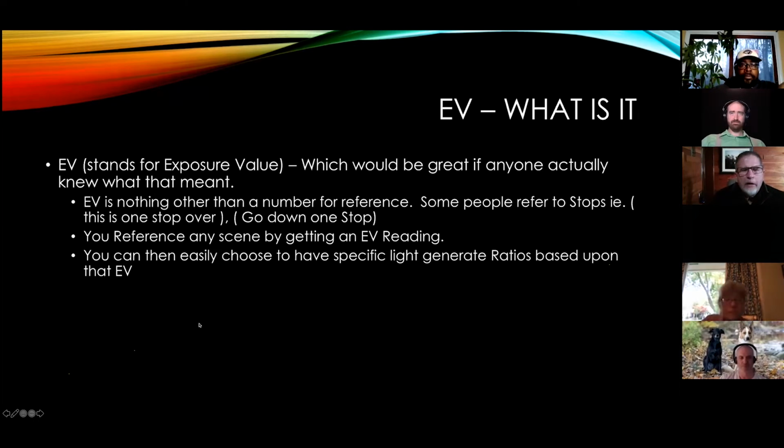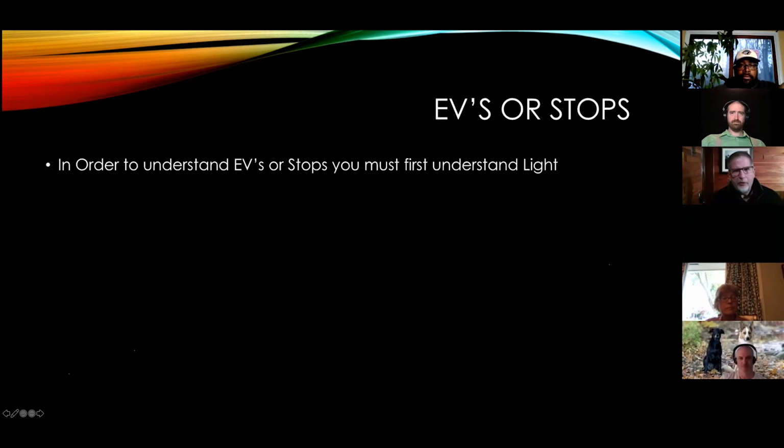And the reason that we want to know stops of light is that our camera has a limited capacity for gathering stops of light. We need to know how to measure how many stops of light we have, and we need to know what our ratios are between those stops of light, if that makes sense. And we'll talk about that as we finish up here too.